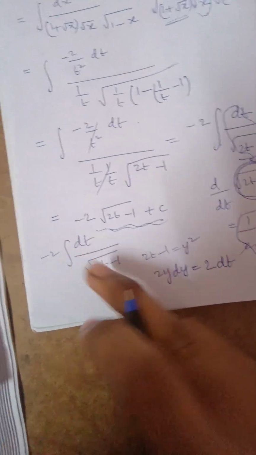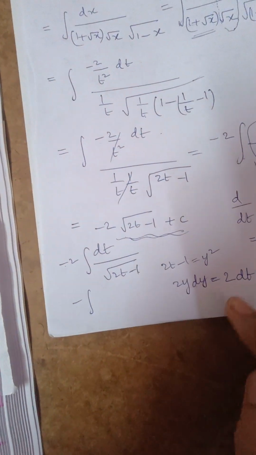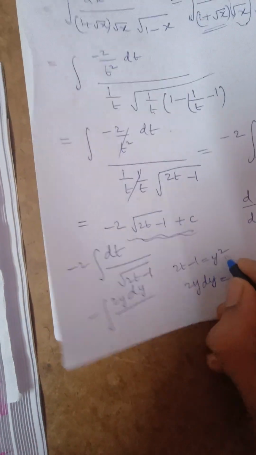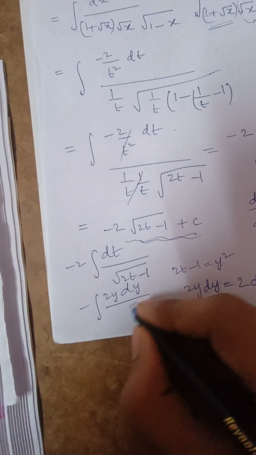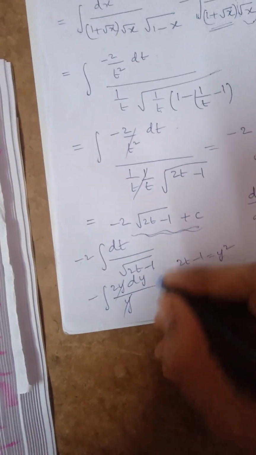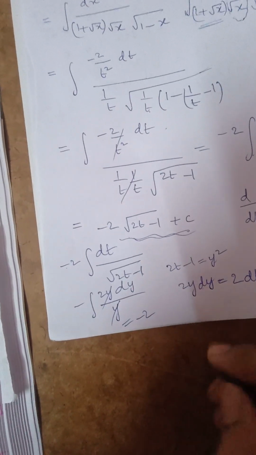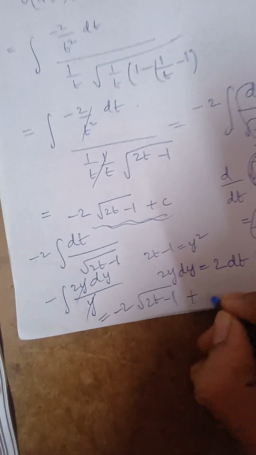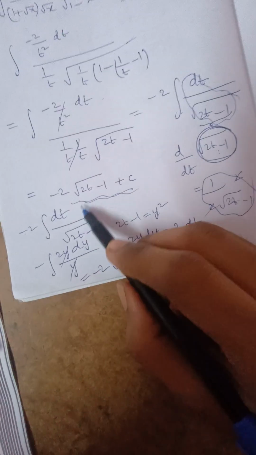So instead of 2 dt I can write 2y dy by y square, and under root y square is y. Similarly we get minus 2 times y, which is nothing but root over (2t minus 1), plus c. In both ways we will get the same answer.